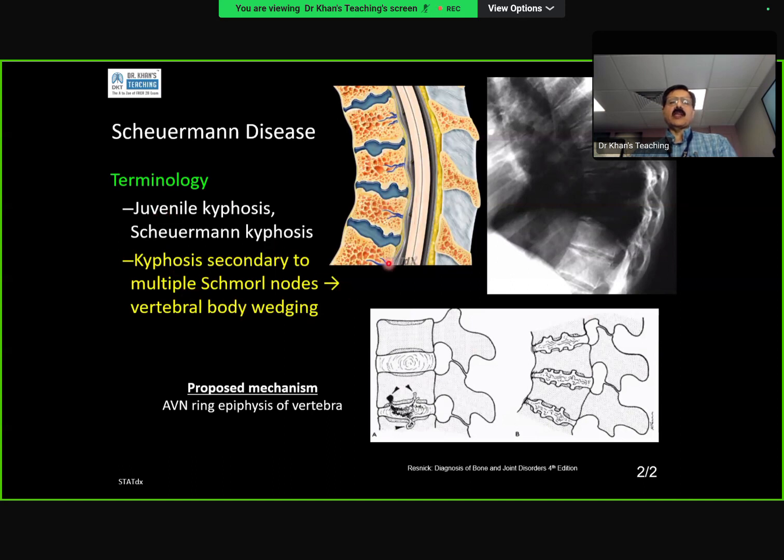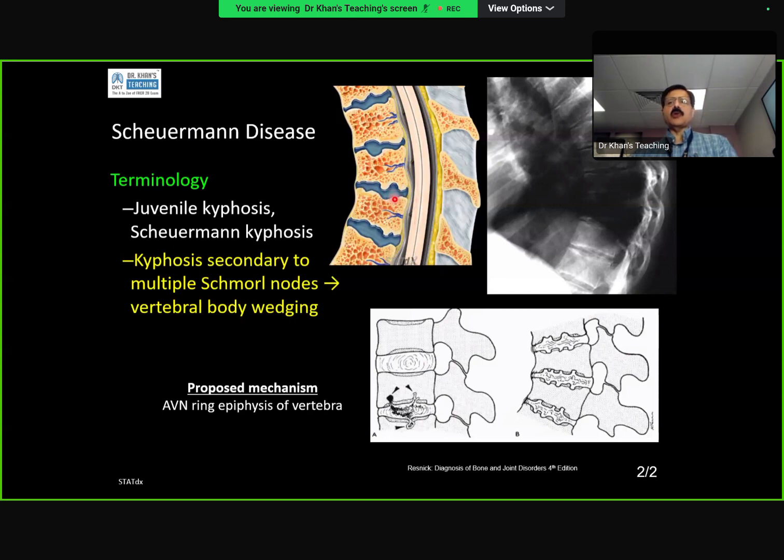When there is avascular necrosis of this, the intervertebral disc goes into the end plates. It herniates into the end plate. Schmorl's node, by definition, is what we call intravertebral disc herniation. So this word should also be in your vocabulary.